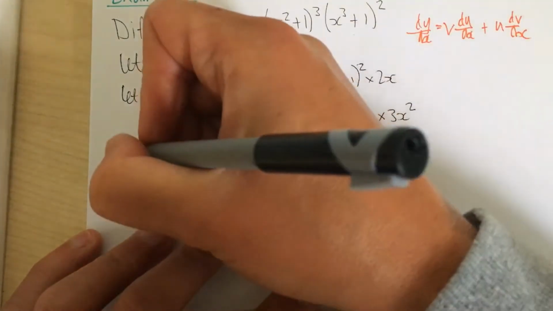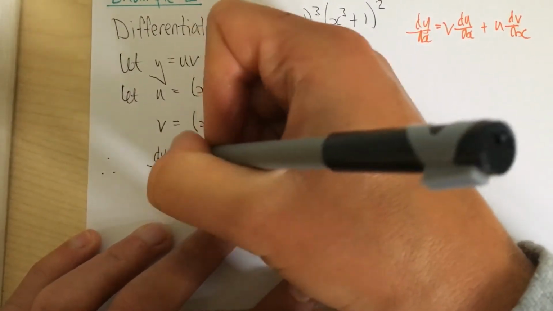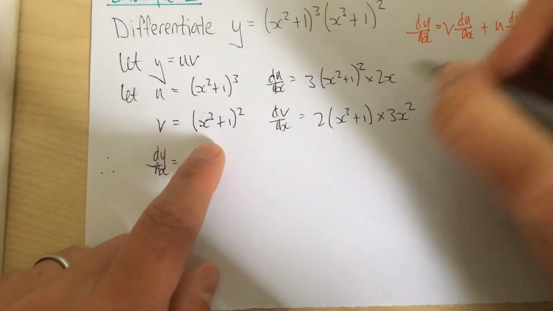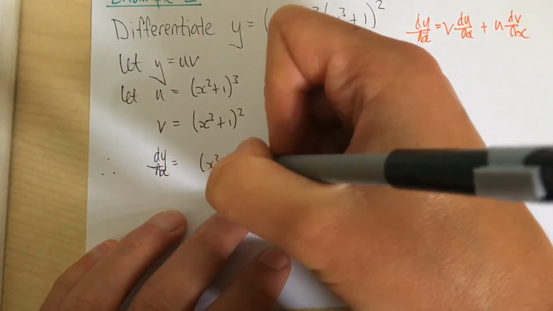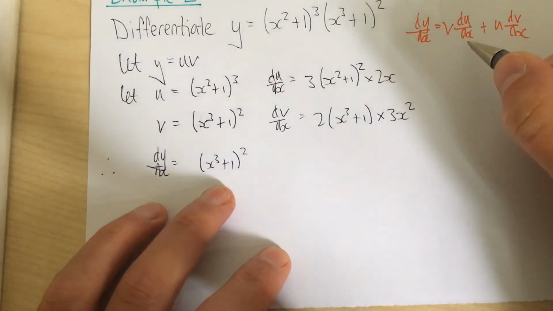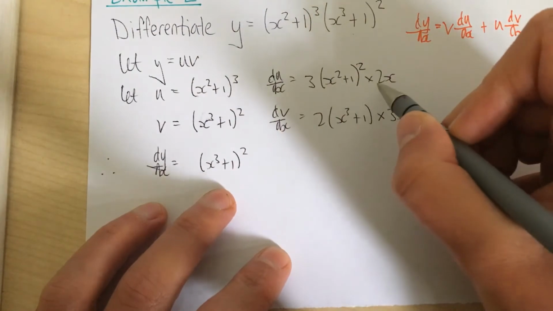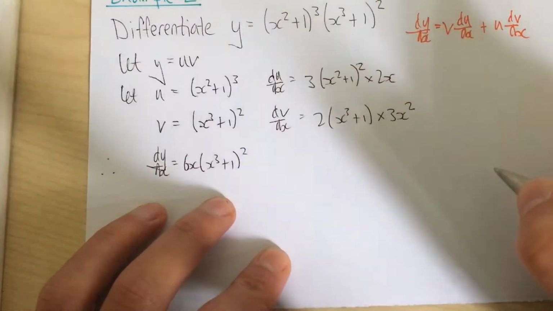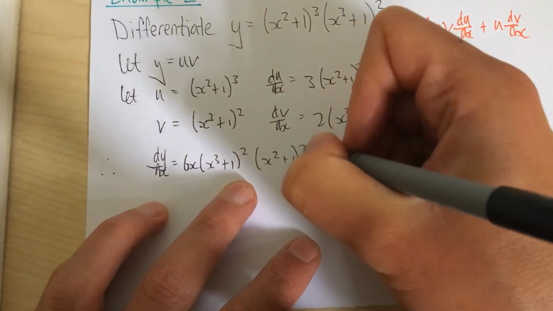So using the product rule, I can say, therefore, dy by dx equals v, here it is, x cubed plus 1 squared, du dx, 3 multiplied by 2x is 6x, and then here, of course, I've got x squared plus 1 squared.